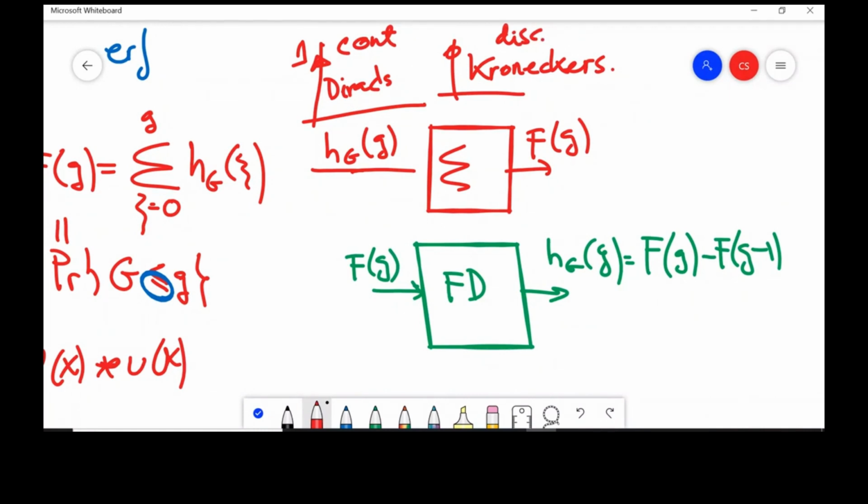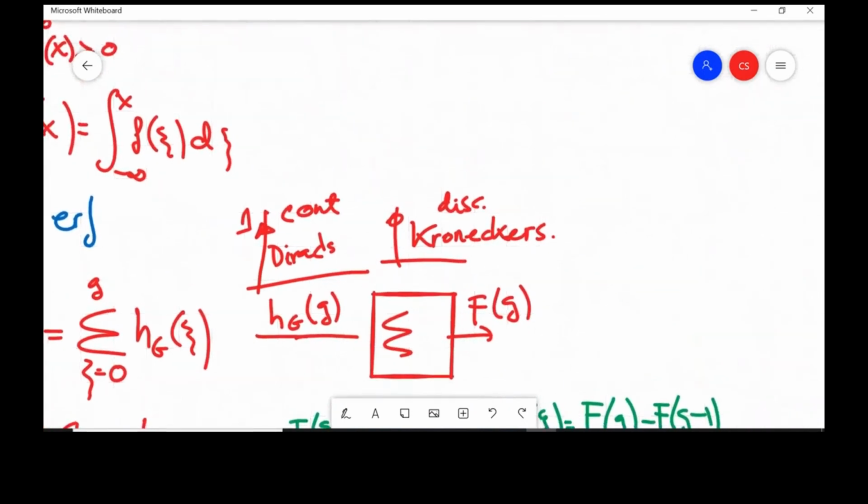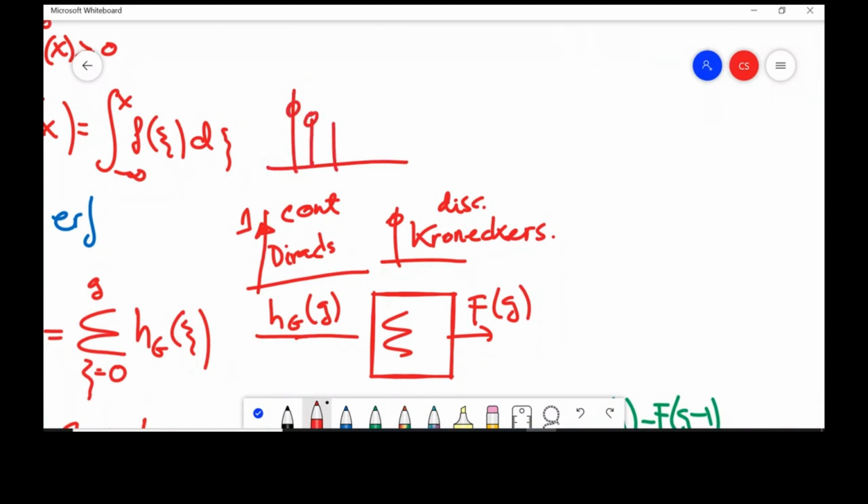Okay, so a histogram is defined for discrete signals. So I should have used the Kronecker's. So let's go here to 55. So what is F of t?